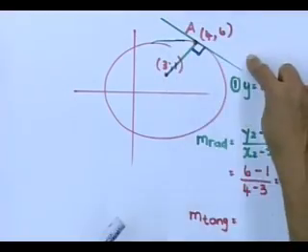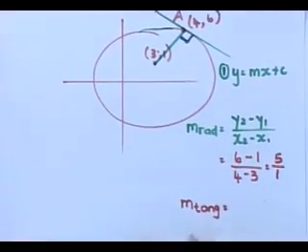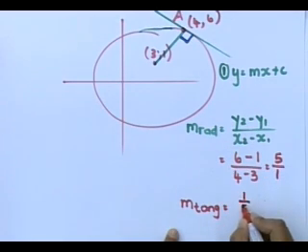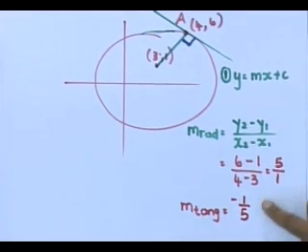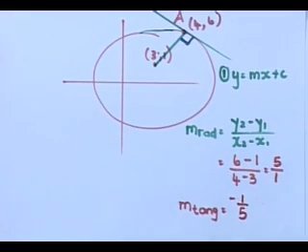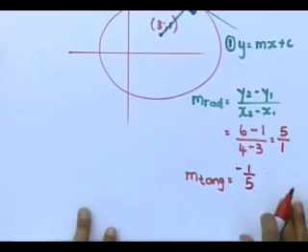If lines are perpendicular, the product of the gradients is negative 1. So the gradient of my tangent, turn it around and change the sign. So on your calculators, if you take this multiplied by this, you will get negative 1. So the gradient of my tangent is negative a fifth.